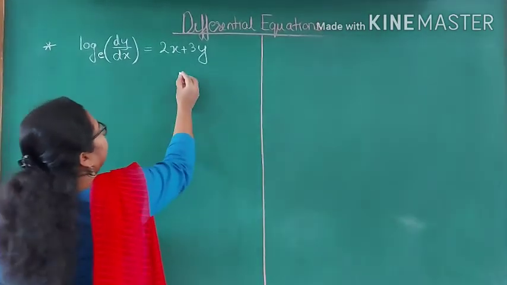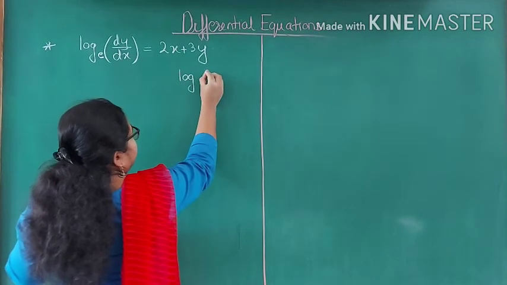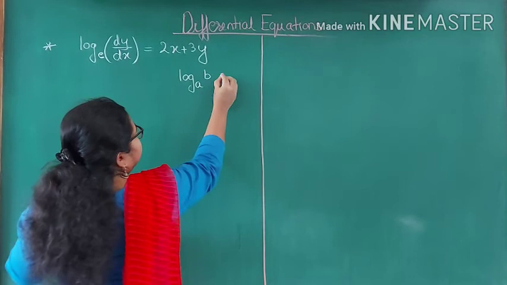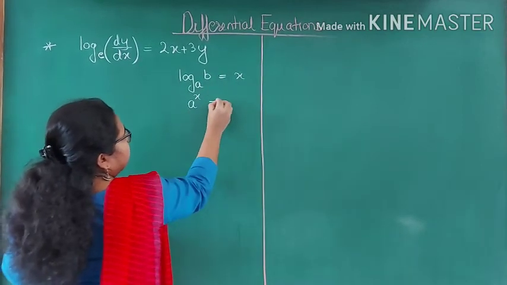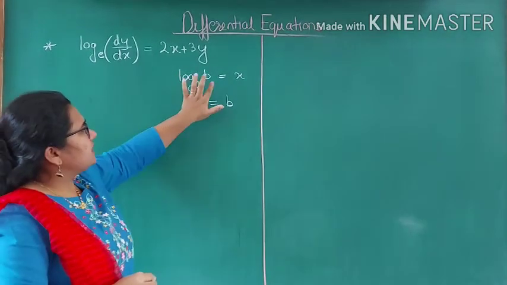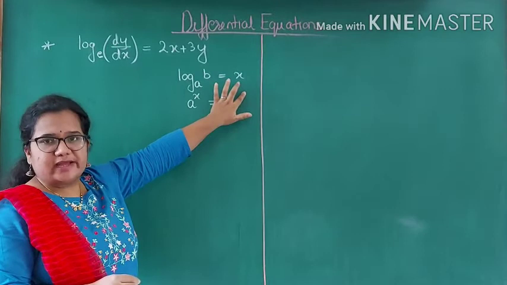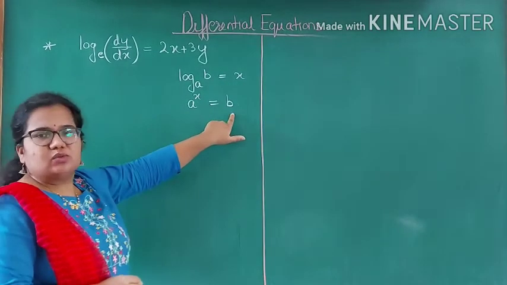You have studied that if you have log of b to the base a equal to x, this is called the logarithmic form. What will be the exponential form? It is a raised to x equal to b.